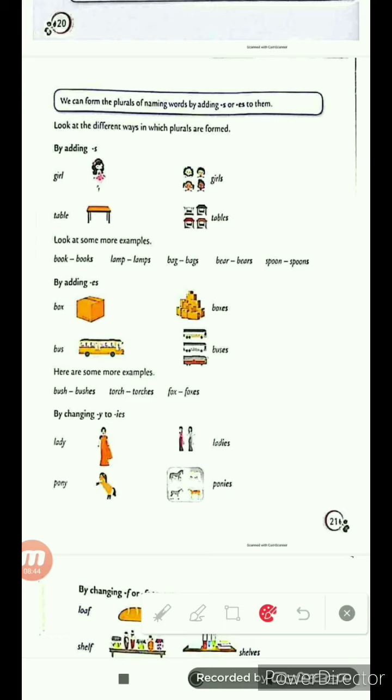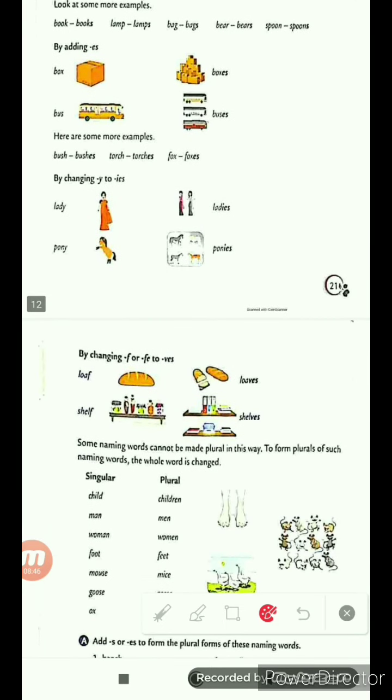Next, lady. How will we do it? Here y is there at the end. So now see, by changing y to ies, we remove the y and write ies to make it plural. That is lady.